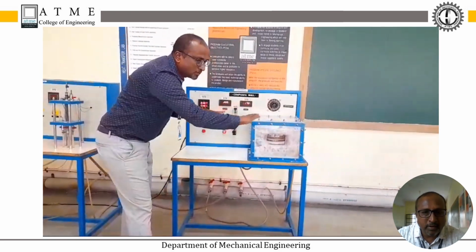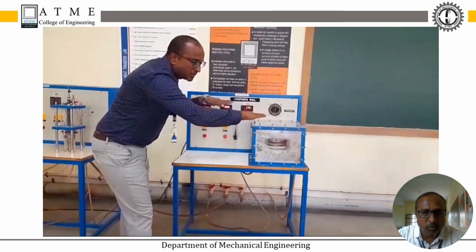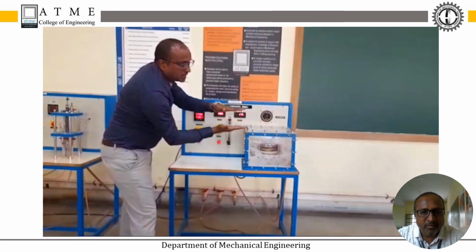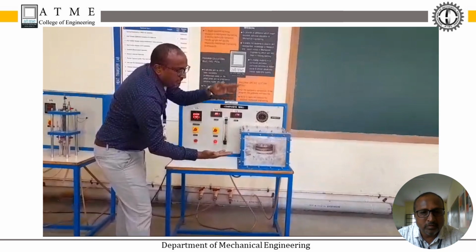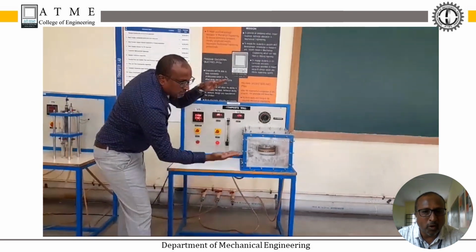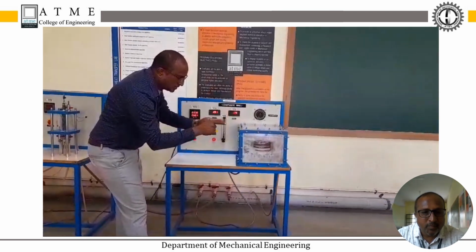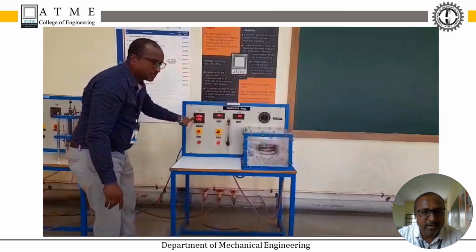The current and the flow rate of water both need to be balanced, so that the rate of heating from the bottom is equal to the rate of cooling at the top. From the bottom it is heated, at the top it is cooled, and steady state is achieved.